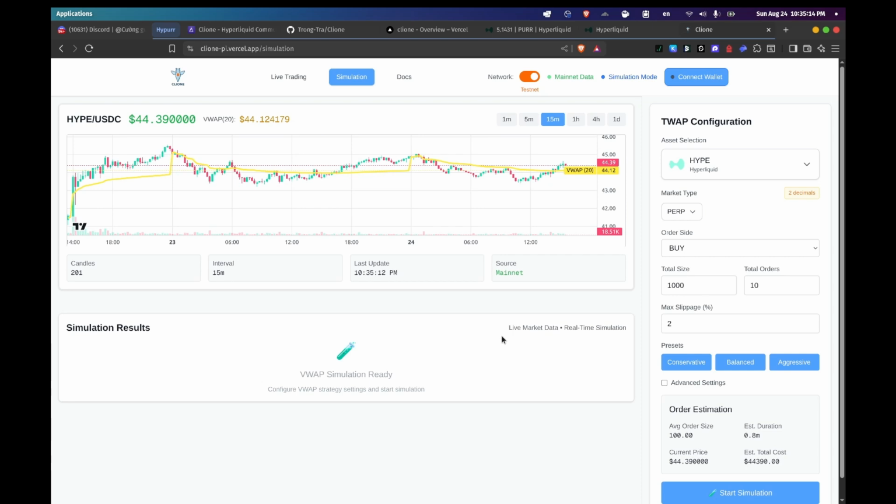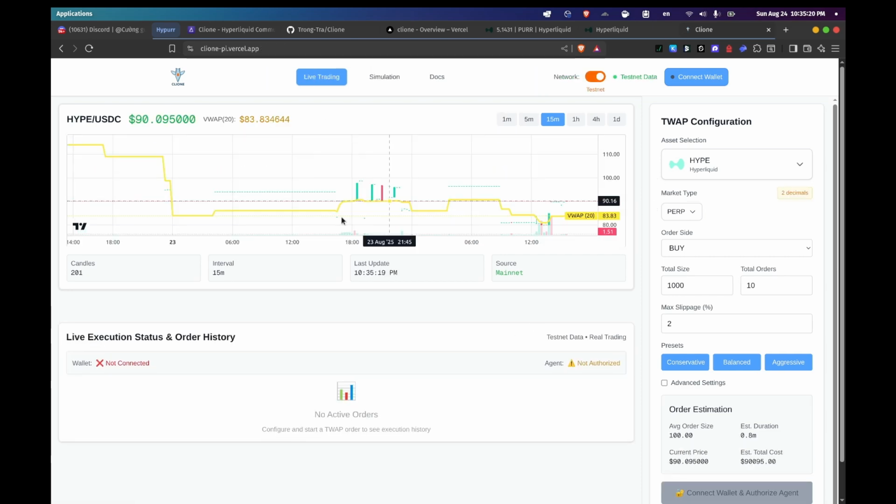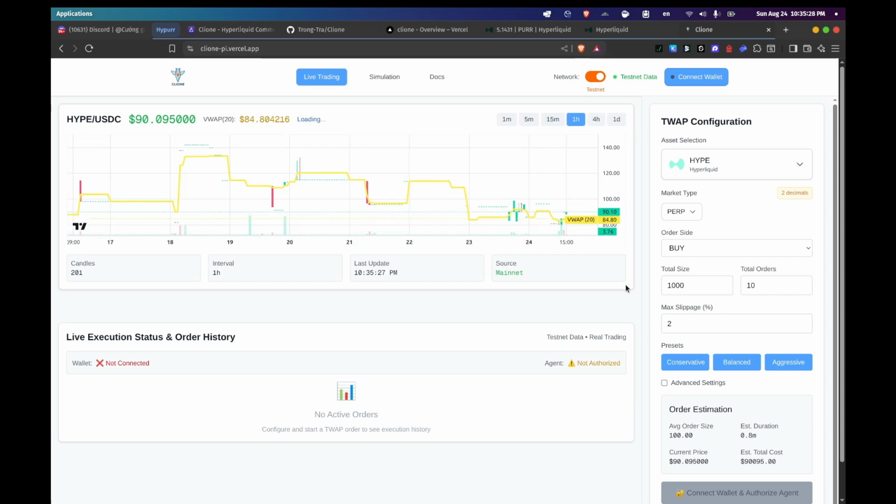This simulation uses mainnet data, since the testnet data doesn't really represent the real market. However, we can change this because the entire market needs to be based on the order book.